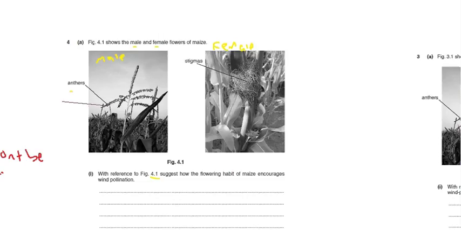We can say anther loosely attached to filament. I guess it can be seen from the diagram here that anther is actually loosely attached to the filament.